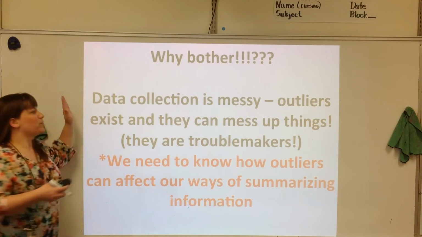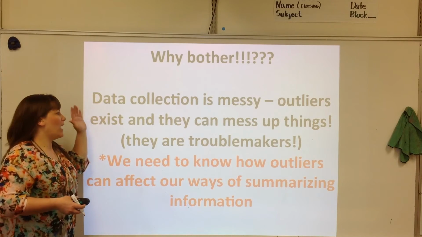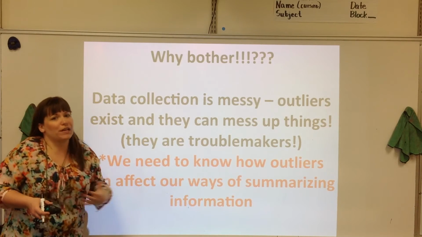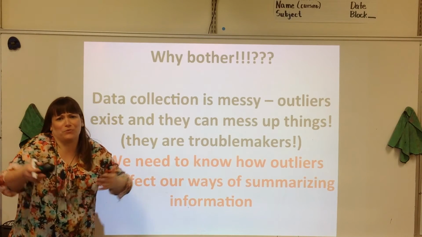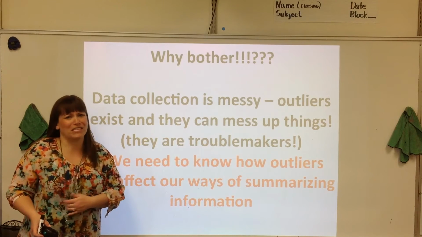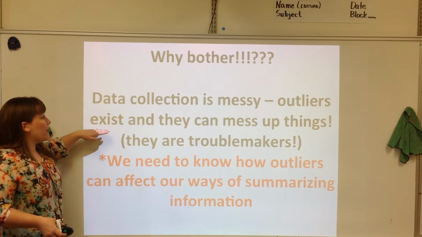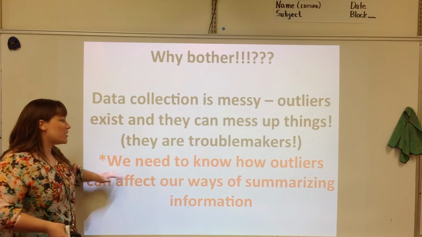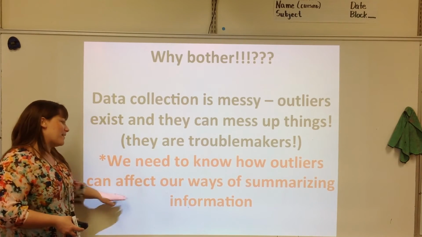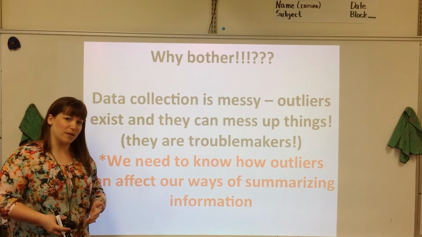So why bother? Data collection is messy. Outliers do exist. You could ask a question, someone could have a really random answer, and that's their answer, and it's not what most of the population said. And they can mess things up. We need to know how outliers can affect our ways of summarizing information.